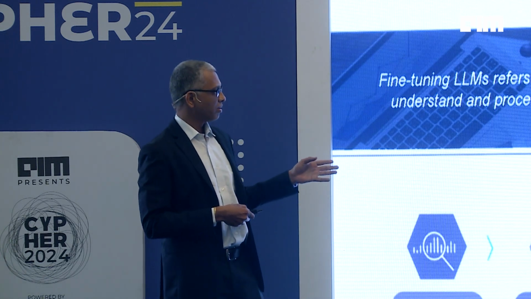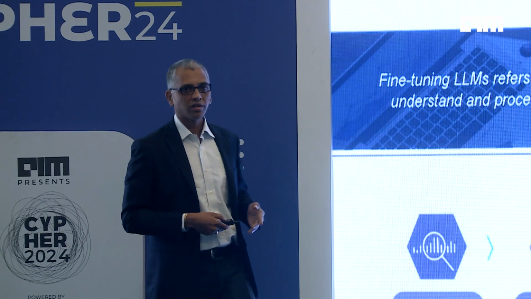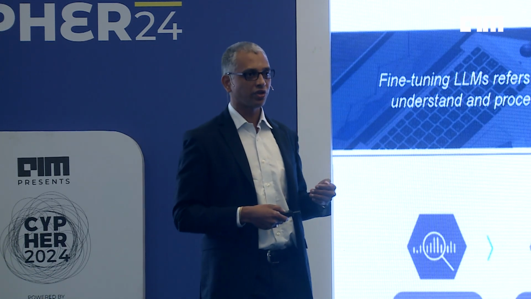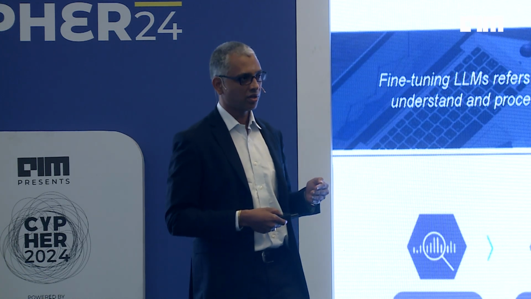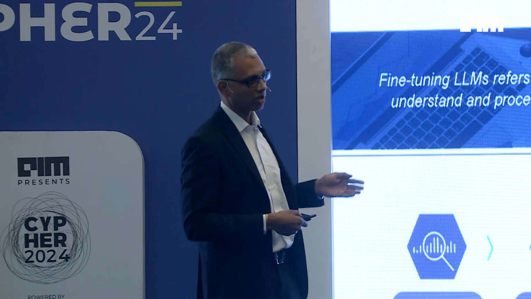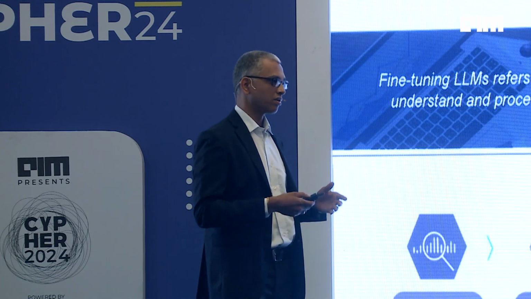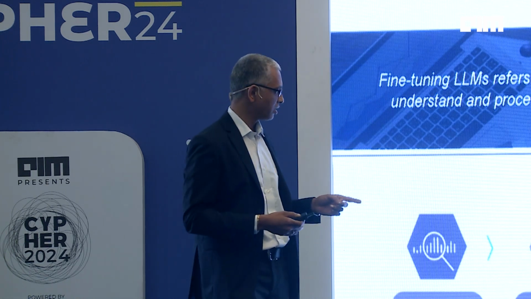And why we should do this is that the pre-trained model may not be accurate for your use case. So 80%, 82%, no matter what you do, you won't be able to increase the accuracy beyond that. So the challenge is, how will you increase your model performance beyond the initial accuracy?